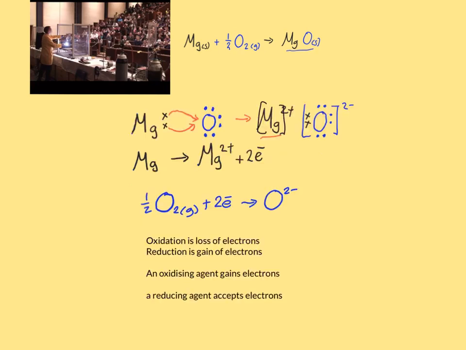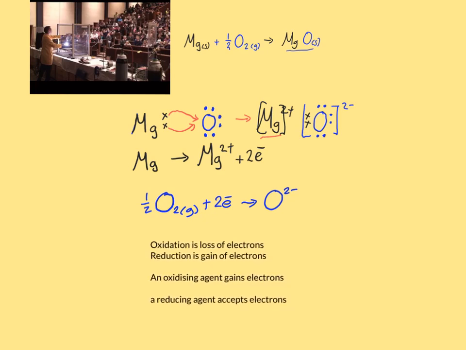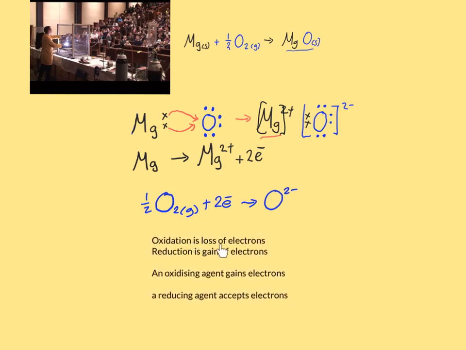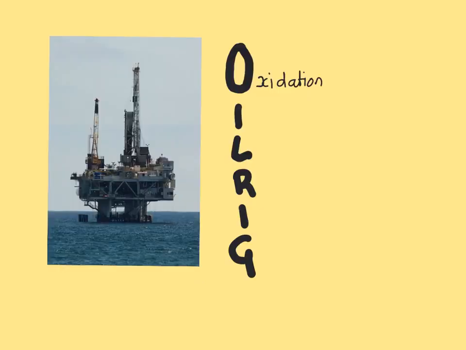So it's important to remember that an oxidation is where electrons are lost, reduction is where electrons are gained, but an oxidising agent gains electrons and a reducing agent donates electrons. So oxidation is loss, reduction is gain, and that's either of electrons or hydrogen.